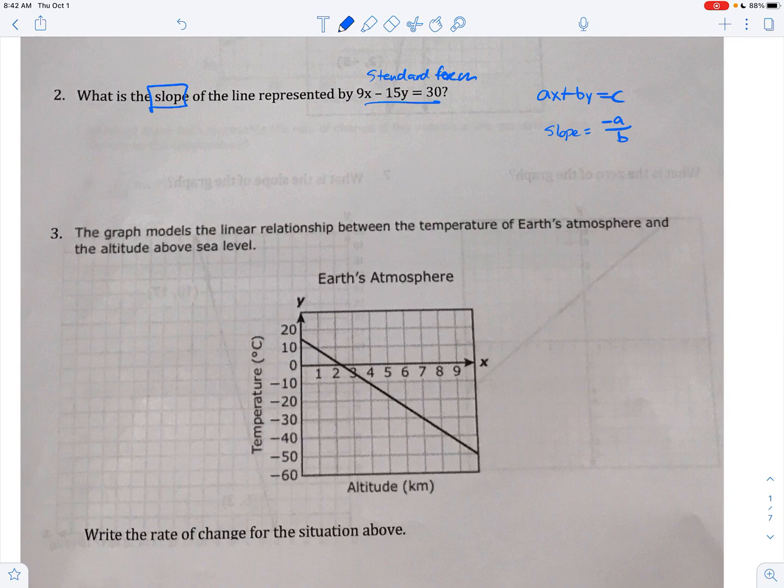Note that in this situation, a is 9, b is -15, and c is 30. So to determine the slope, we take -9 and divide it by -15. Double negatives means that we're going to come up with the positive response, so that's 9 over 15. All right, and when we simplify this, this becomes 3 over 5. That's our slope.